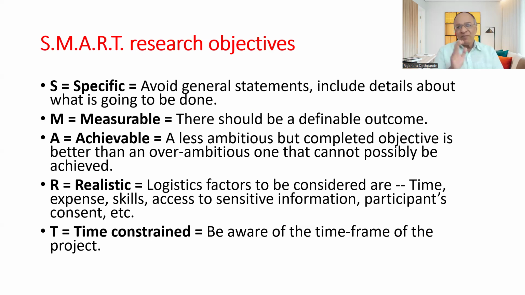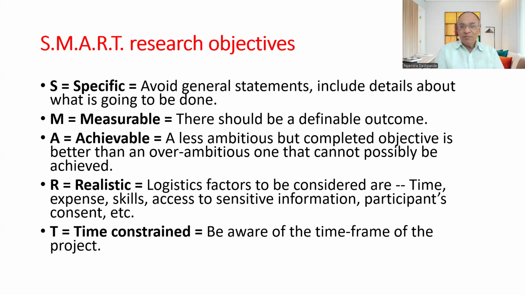S for specific. The research objective should be very specific. Avoid general statements. Include the details about what is going to be done. M is measurable. The objective should have a definite outcome. Then A, that is achievable.